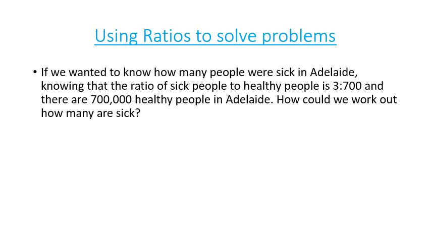So the first thing we do is we write down our ratio of 3 to 700. And we know that these are our sick people, and these are our healthy people. We know then that there are 700,000 healthy people.